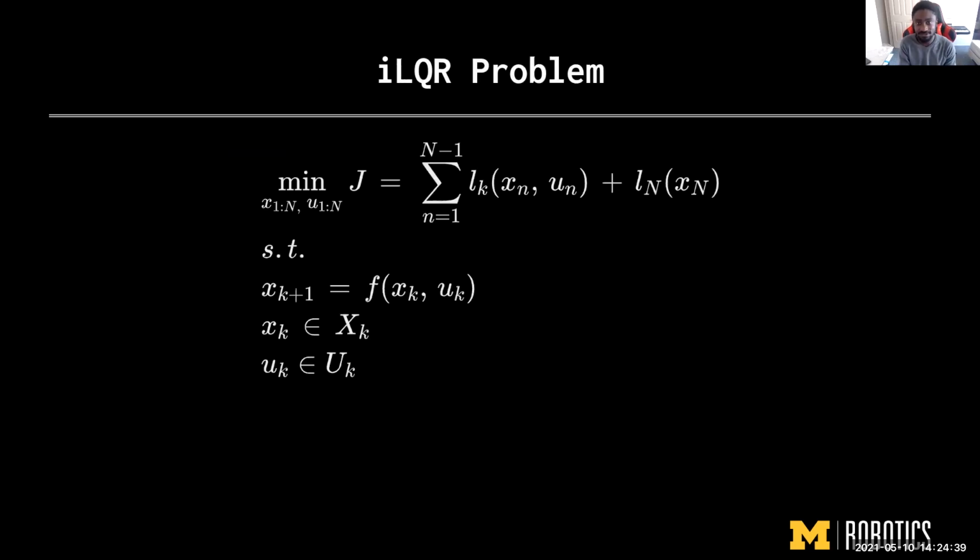So anyway, on a high level, the iterative LQR problem is to minimize some cost function over a sequence of states X and a sequence of actions or controls U, such that the system dynamics constraints are obeyed, as well as the constraints on the states and the constraints on the actions. And this cost function is often non-convex, and the dynamics is also non-linear.